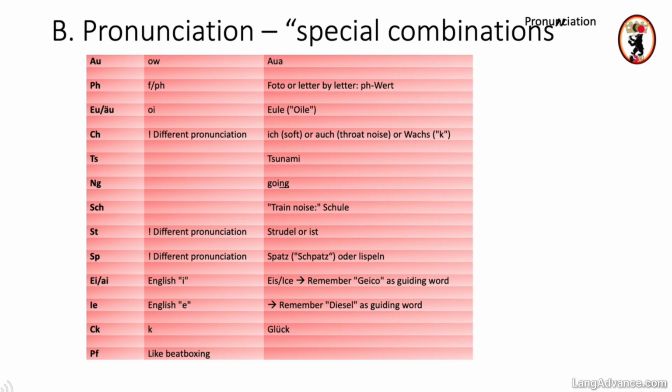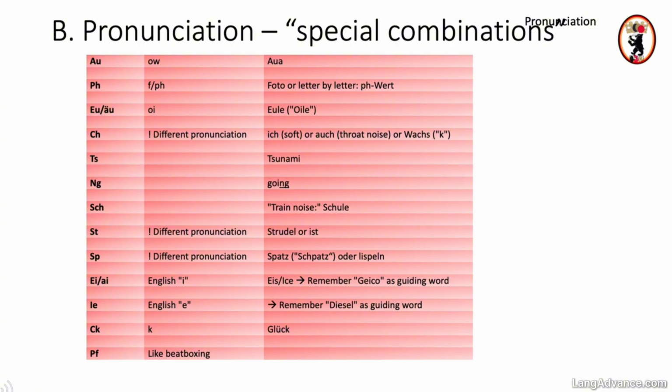The second special combination is IE, the opposite, which is pronounced differently. It is pronounced like the English E. Please think of diese. For both combinations, you can also concentrate on the second letter of the combinations. This letter, if pronounced English, gives you the correct pronunciation.